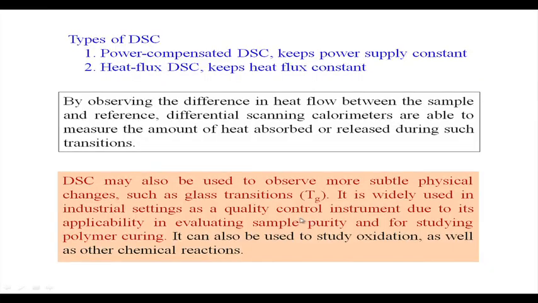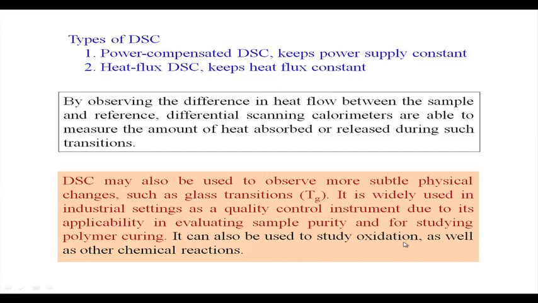So, in industrial settings, for typical quality control, the DSC instrument is used by a quality control chemist or engineer looking at the purity of the sample or any other solid material, for recording its purity and, if it is a polymer sample, for studying the polymer curing process. The polymer curing process is very important and can be directly related to Tg and other parameters.